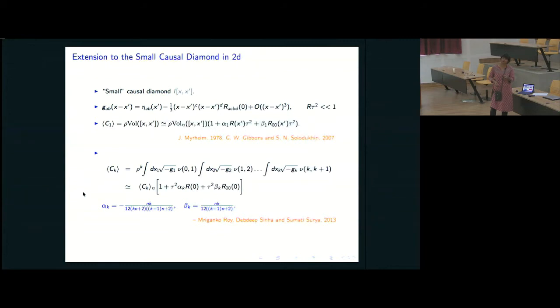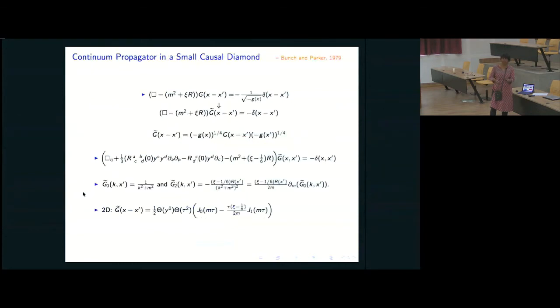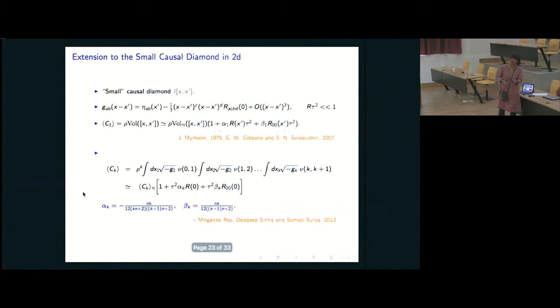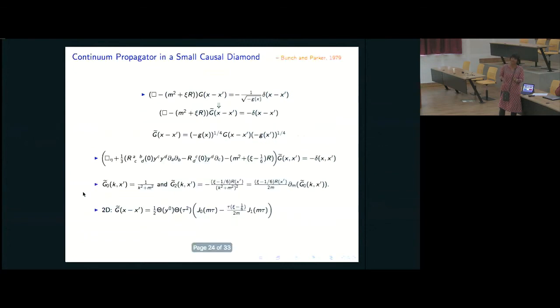This volume calculation is something that one knows how to do. You stick it in, do a little bit of manipulation, and you get out an expression for the chains which go into the ansatz.